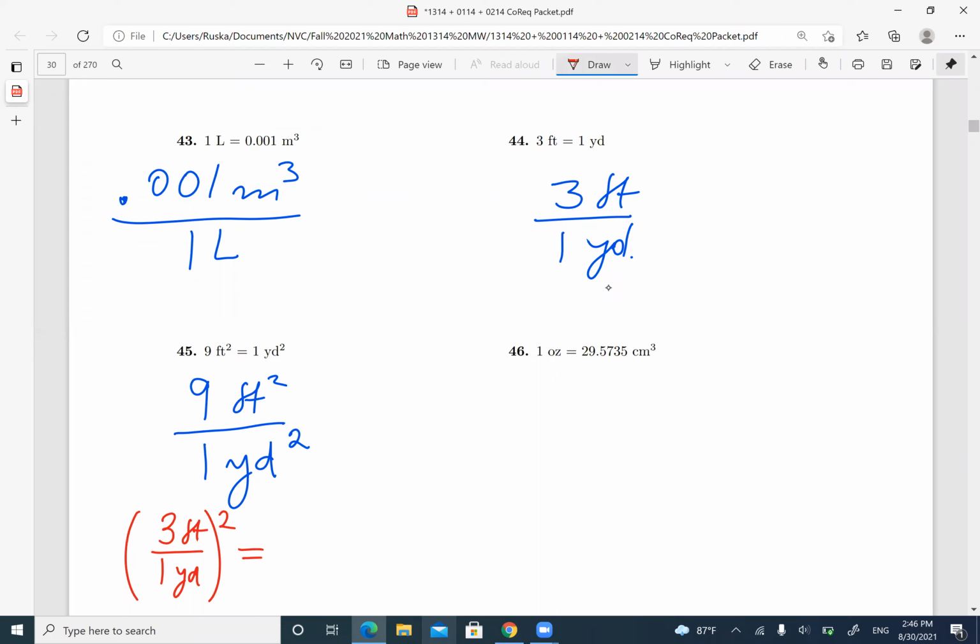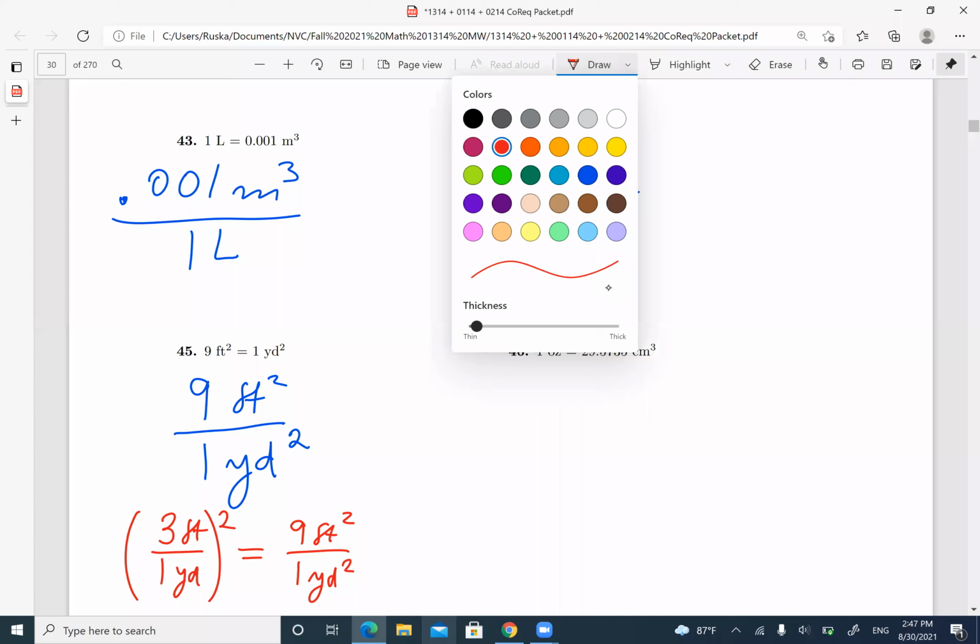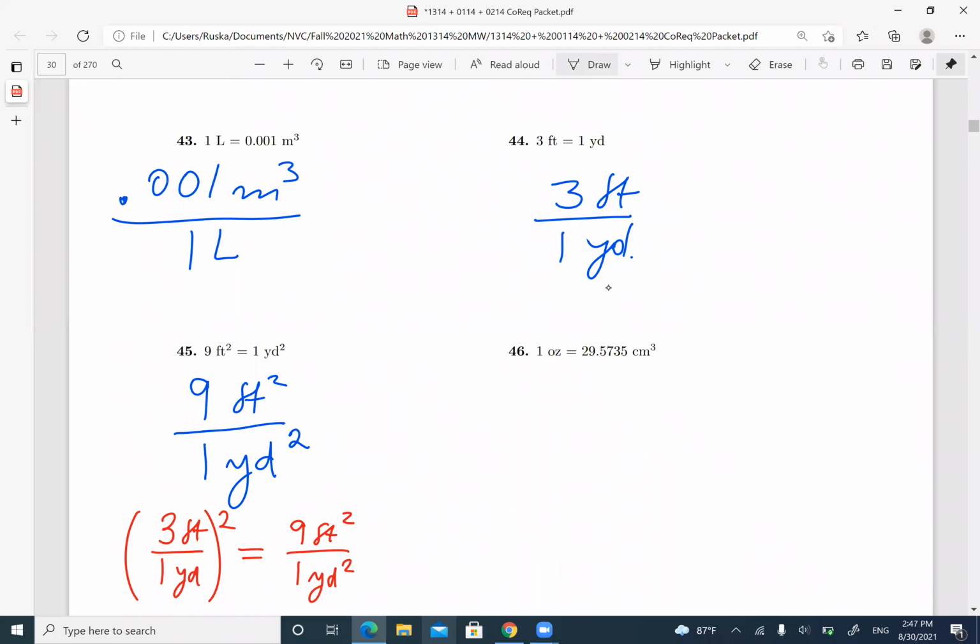That's what I told you before. Remember that. If you square the number, you have to square the units or the exponent. If it's cube, you're going to cube it, right? The same idea. So it's going to be 9 square feet and 1 square yard. You square everything, okay? So keep that in mind. That square applies for the 3, for the feet, for the 1, and for the yard also, everything inside, okay?